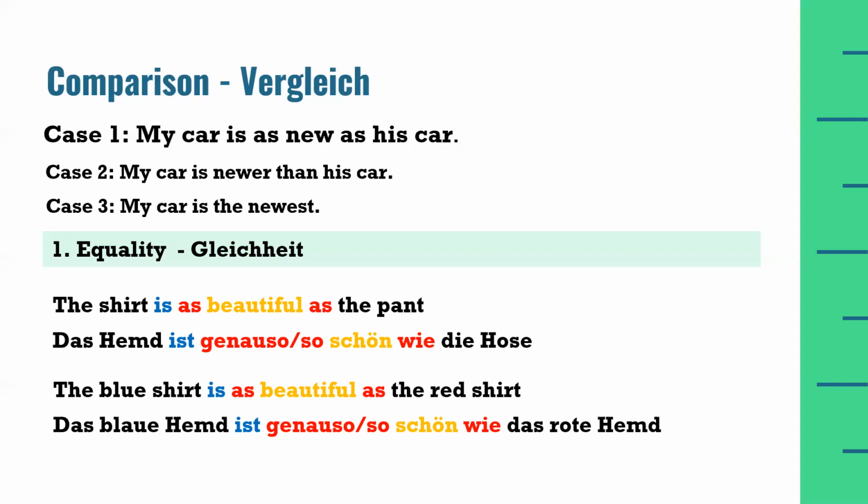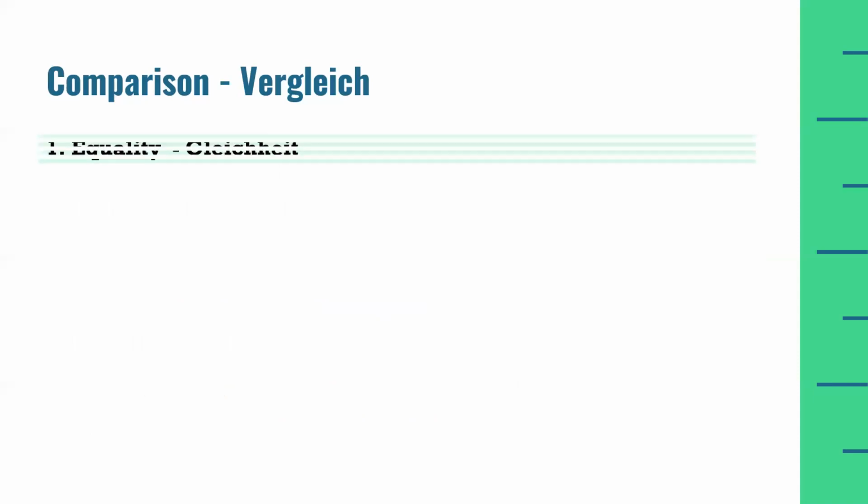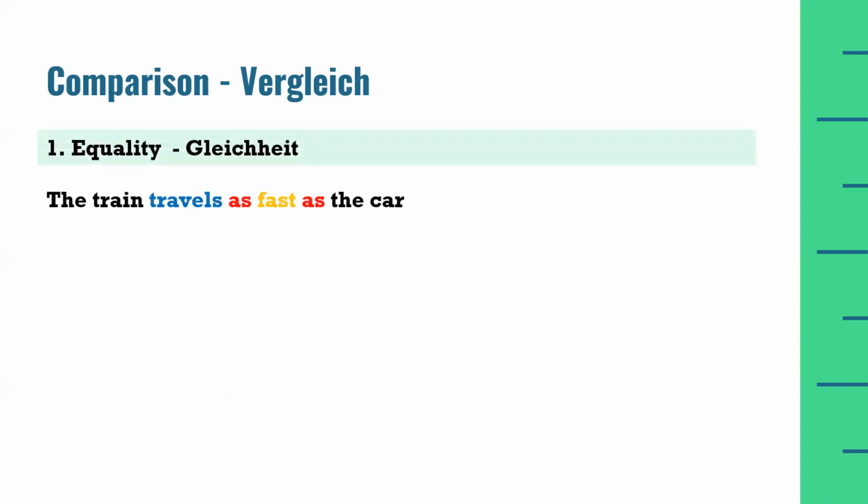And then comes the red shirt. Red again in this sentence is used as an adjective, so it will get an ending. Because shirt is in the nominative case and it's a neuter noun, we will add an e at the end of the adjective "rot", and it will become "rote". Thus "rote Hemd".